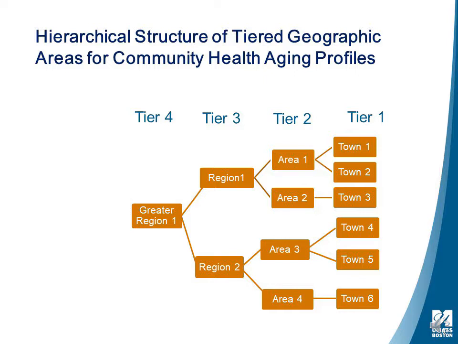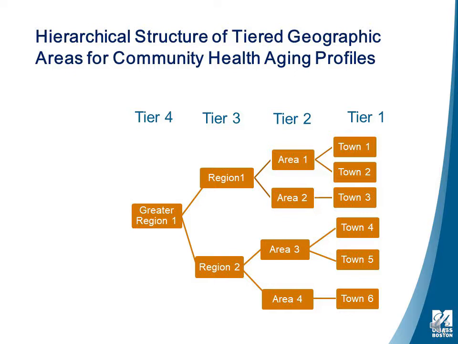Tier 3 is the next level of the hierarchy, and I call them, in this example, region 1 and region 2. And you can see that region 1 is made up of 2 tier 2 areas, area 1 and area 2. And if one works backwards logically, region 1 is made up of towns 1, 2, and 3.